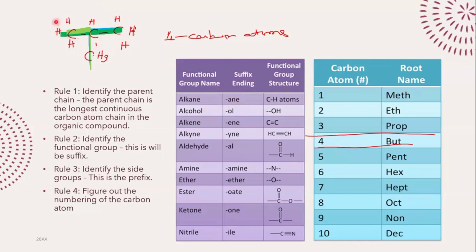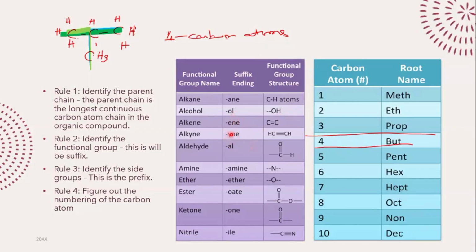Propane, because it's an alkane, you identified the functional group, and prop, you identified the longest carbon chain. If we had an OH group, obviously that would have been an alcohol, and in that case, it would have been an "ol" suffix. It would have been propanol. Similarly, if we have an alkene, propene.